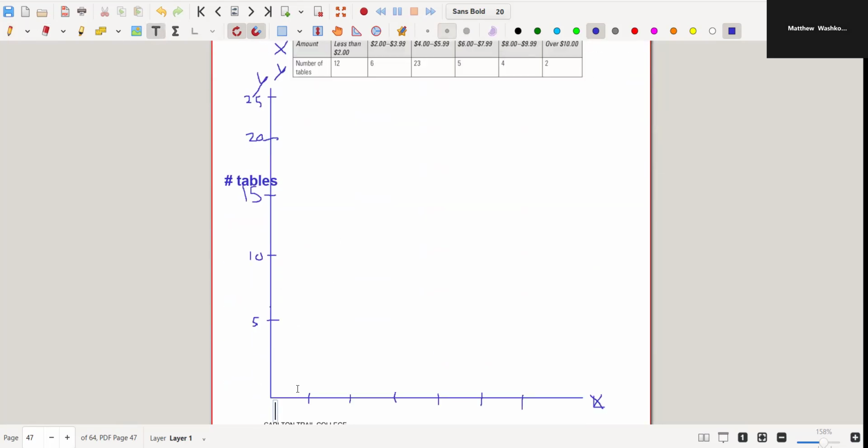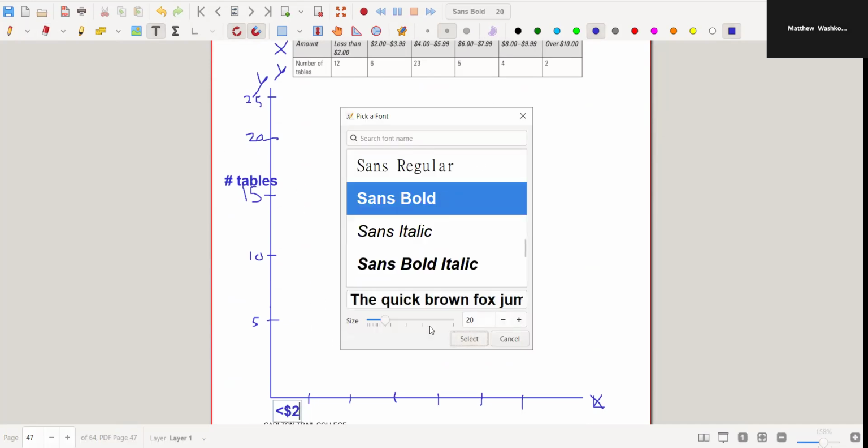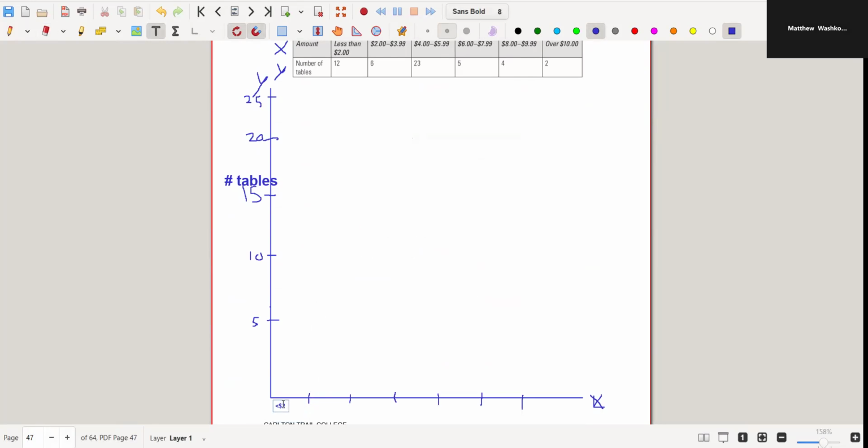So this is the less than symbol, right? Less than $2. Let's make this text a bit smaller. Over here, then, is going to be from $2 to $3.99. Look at how it's being specific. If you put $4 here and then you put $4 in the next category, you're going to cause problems.